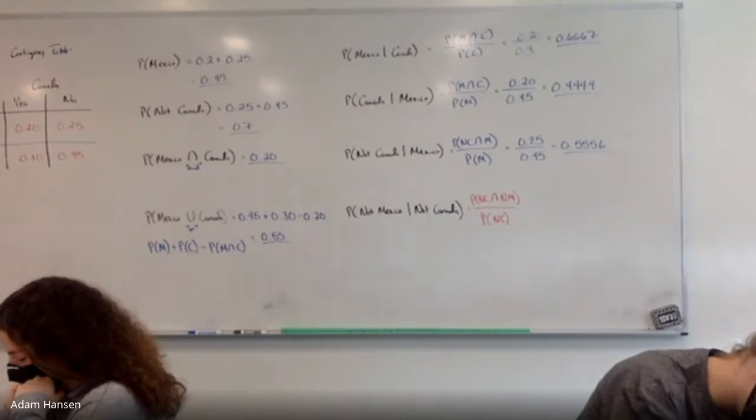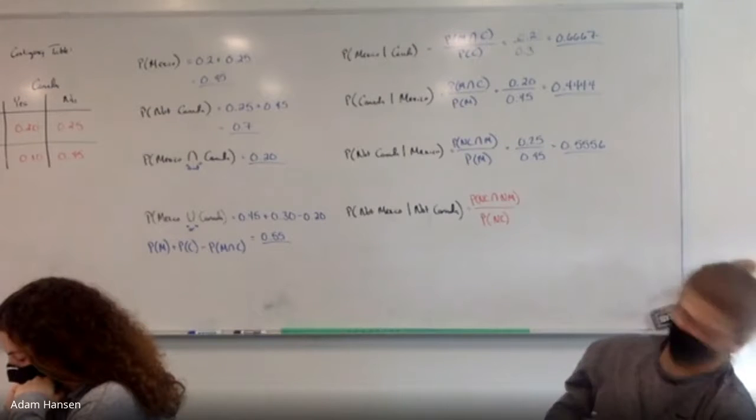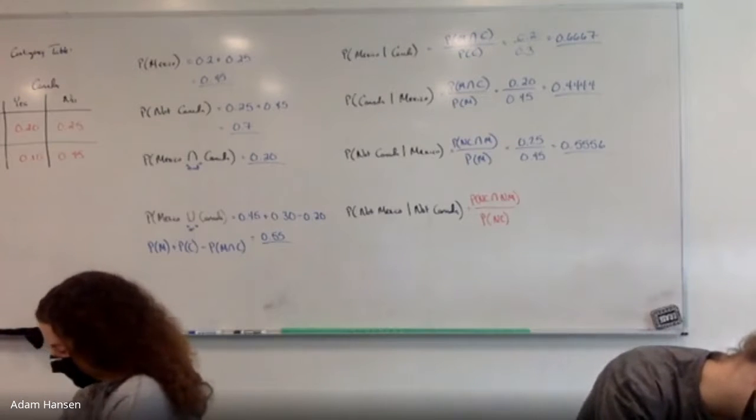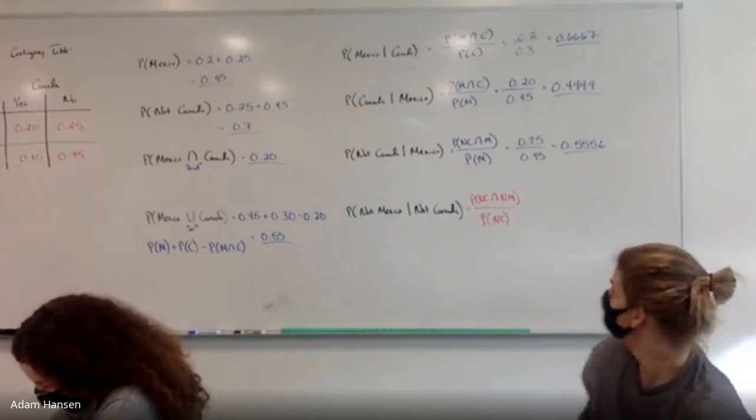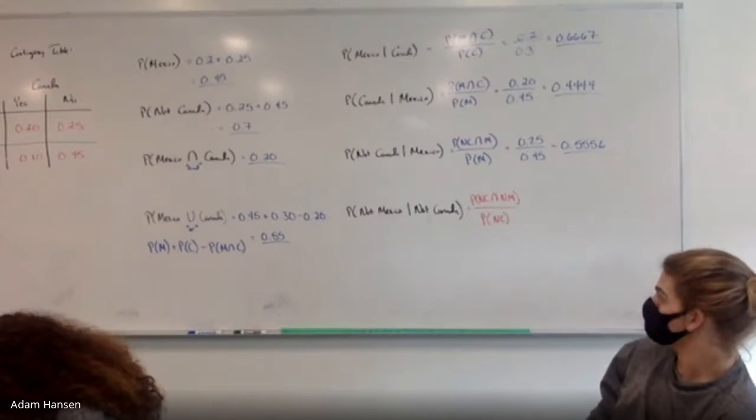I kind of build these conditional probabilities from the ground up. On bottom, I have to assume we're talking about of everyone that's not been to Canada first. Then of that group, which of them have also not been to Mexico? Build it from the ground up.